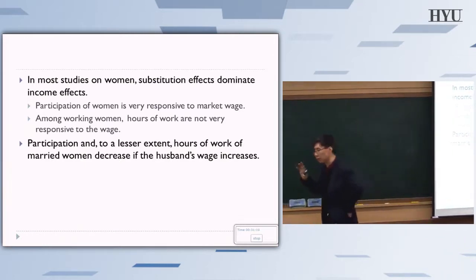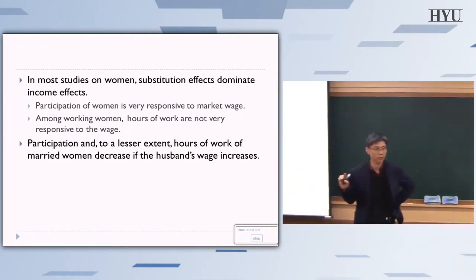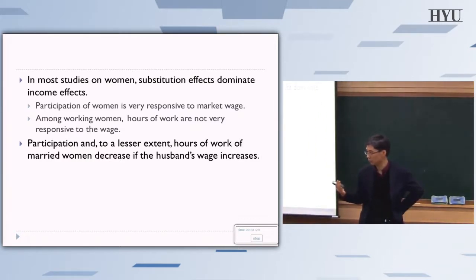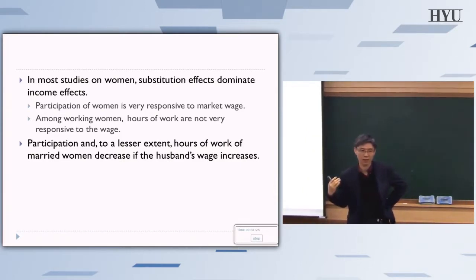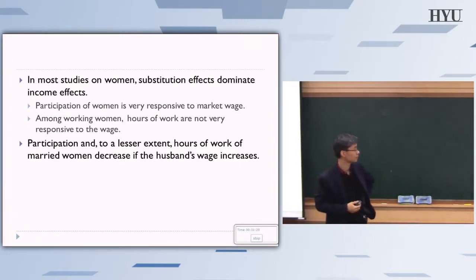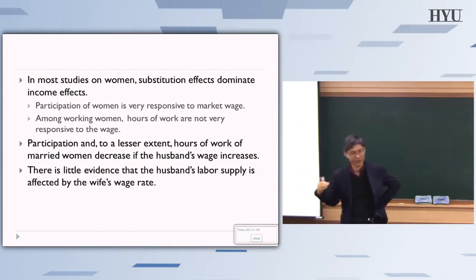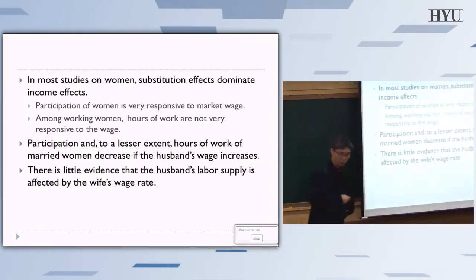So the husband and wife live together, and if the husband's income increases, then the wife sees it as a change in non-labor income, for example. Then leisure is a normal good, so women are less likely to work or work less. But it seems that the other way around does not work. So when the wife's wage goes up, it does not change much of the husband's hours. Right? But there may be some type of social norm or something. But anyway, it's an interesting observation.